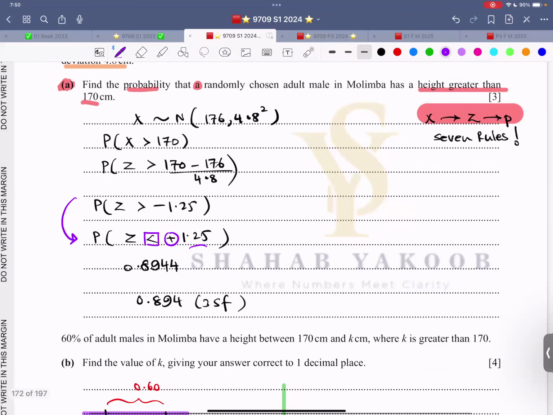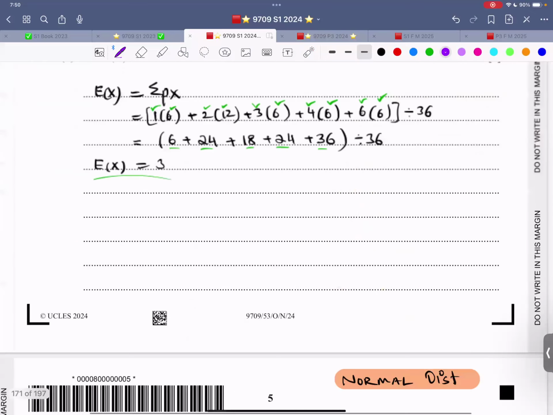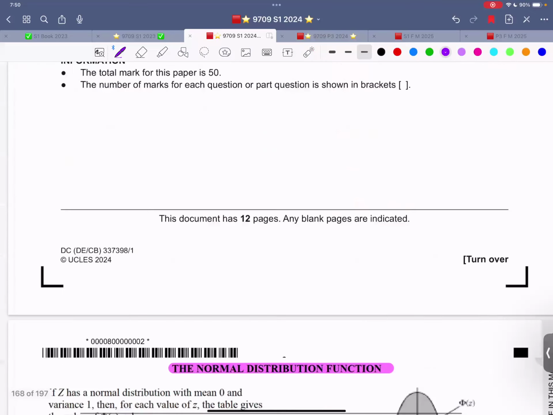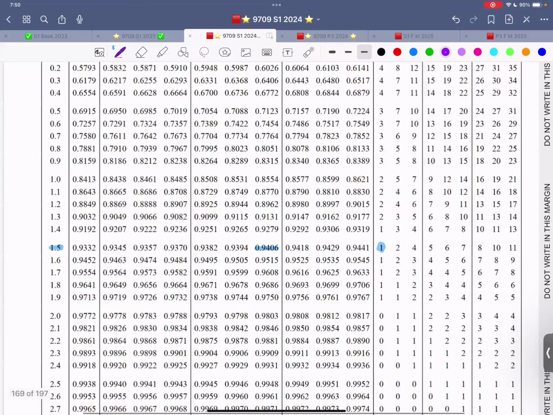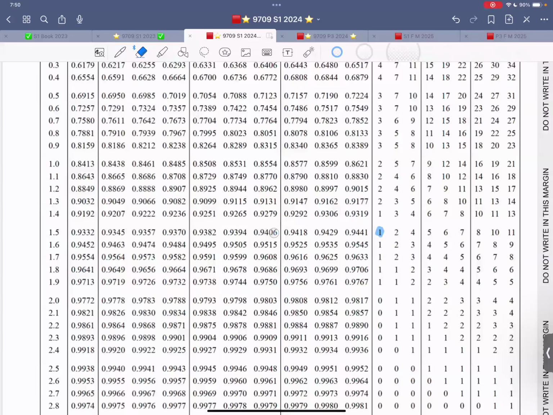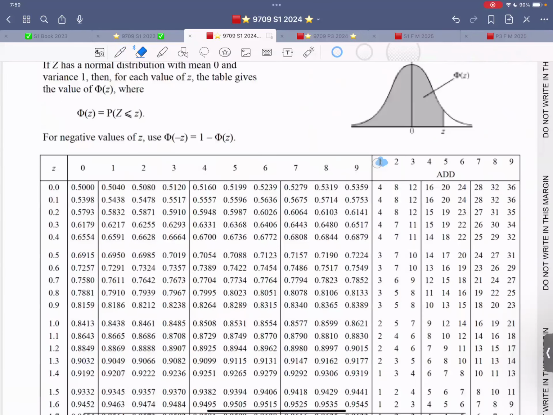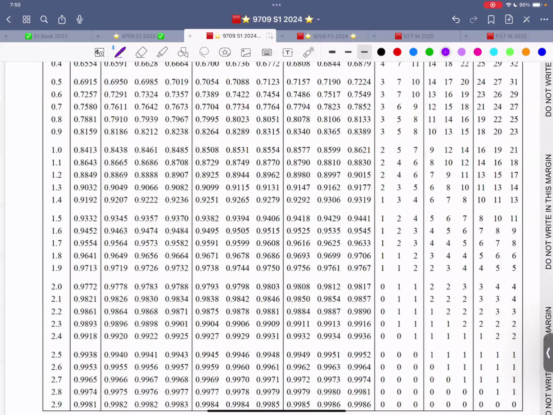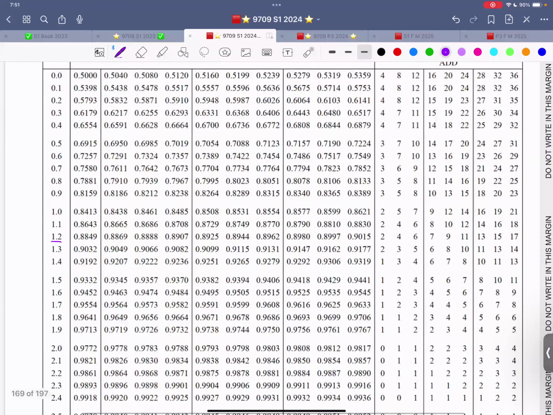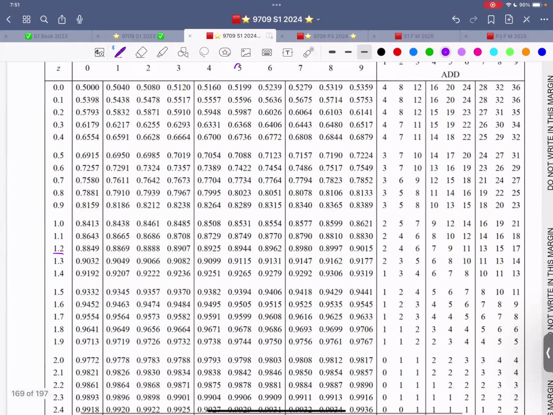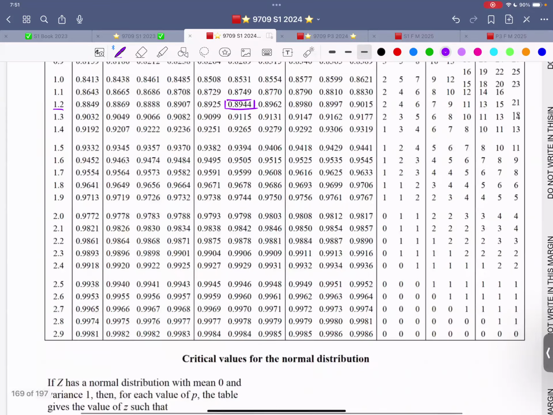Once you have done this, now you go to the table. Again, let me make you go to the table 1.25. So first of all, let me just erase this thing. And this is 1.25. So this is 1.2. And 5 is right over here. So this is 1.25. And this answer is 0.8944.